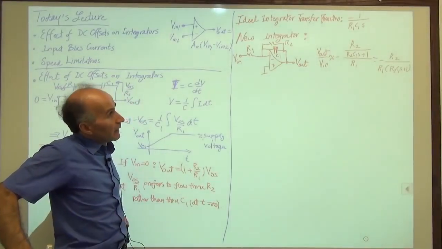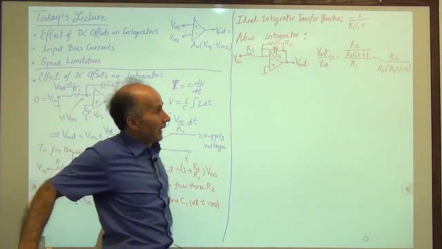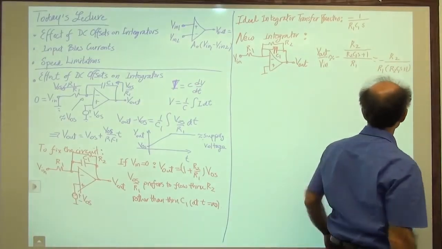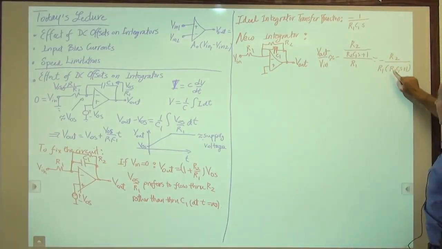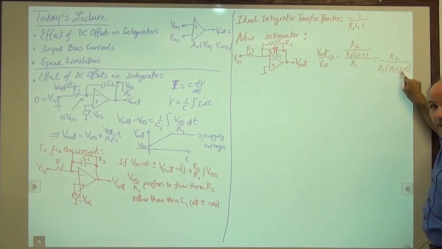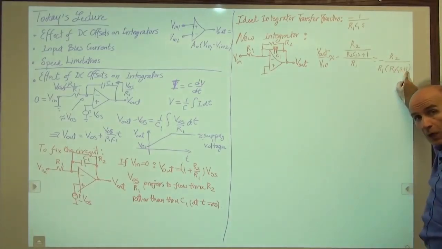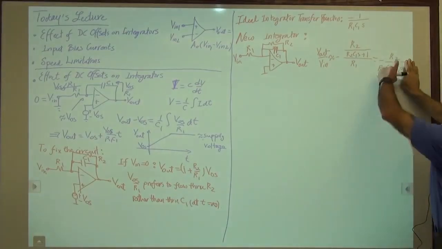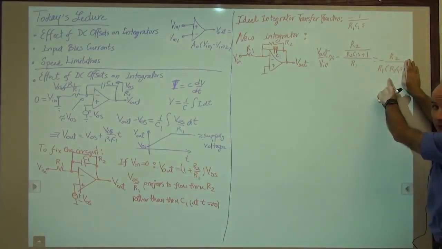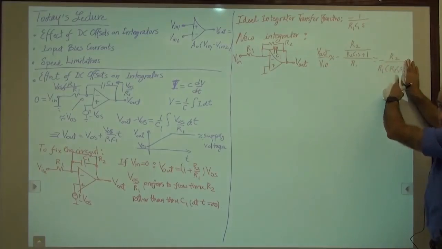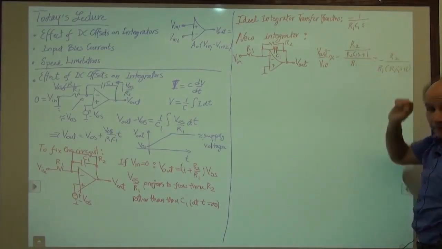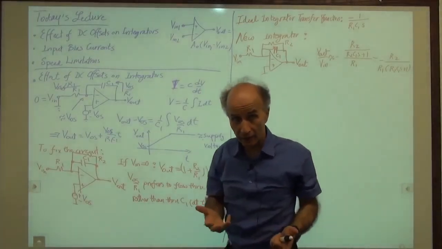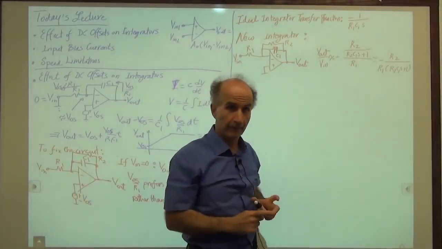If you look at it carefully, we can identify a special case, and the special case is as follows. If R2 C1S is much greater than 1, then this R2 cancels this R2, and we end up with minus 1 over R1 C1S, just like before. So for this circuit to be a good integrator, we would like that to happen.